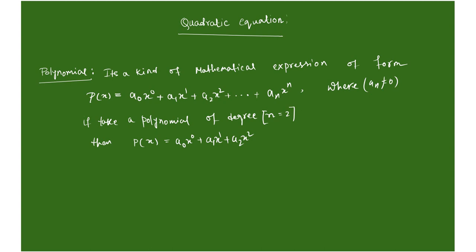Our degree is n, so the maximum power of x is 2, right? And it is very important that a2 is not equal to 0.